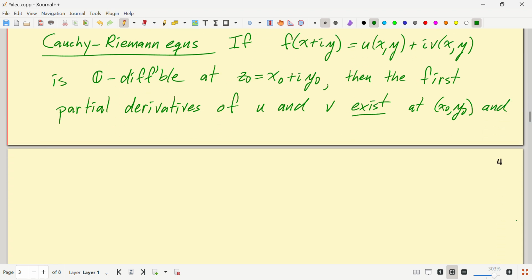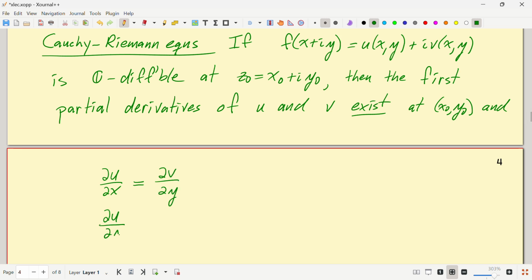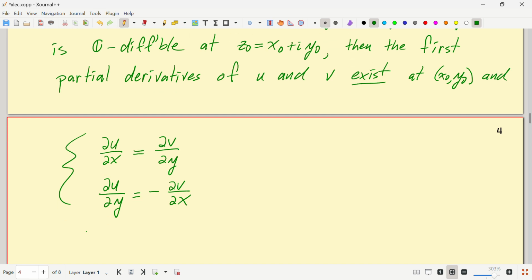The Cauchy-Riemann equations are du/dx equals dv/dy, and du/dy equals minus dv/dx. Two partial differential equations, and that's true at x naught, y naught.